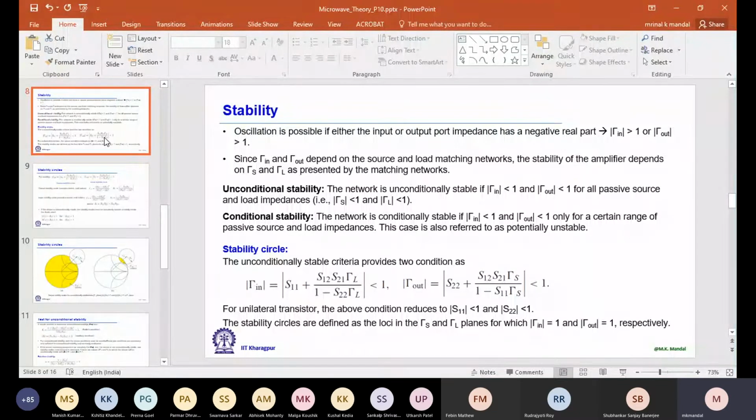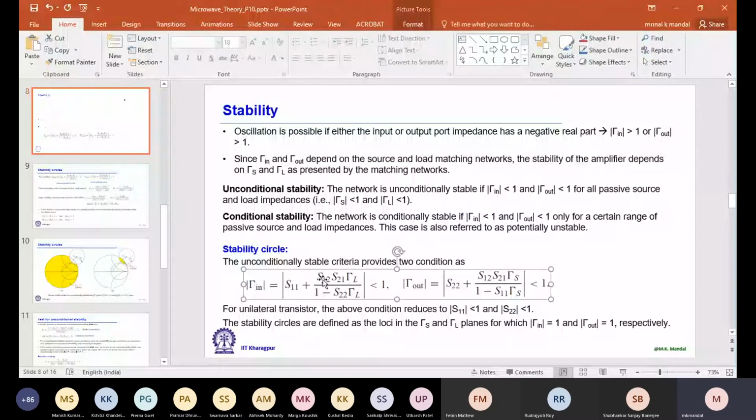For a unilateral transistor, you recall that for the unilateral condition S12, port 2 to port 1, is equal to 0. If we put it in the equations for gamma in and gamma out, the condition reduces simply to S11 and S22.